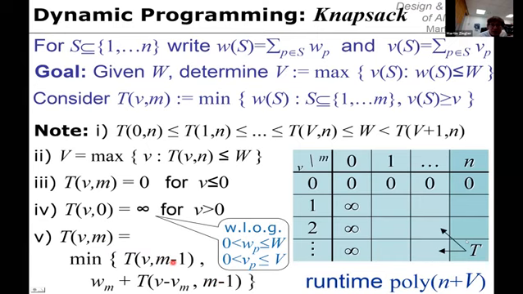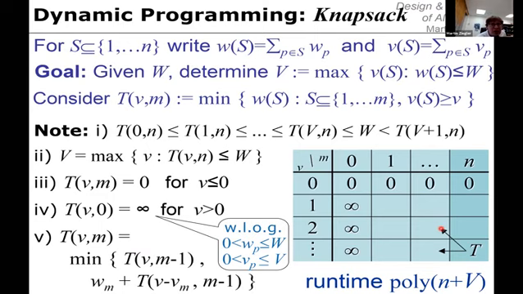So that's what's indicated by these two arrows. The entry in a certain cell is determined by the minimum of the entries in the previous, sorry, I was wrong, not row, columns. Fill the table column by column, because the entries in this cell depend on the entries in the column left to it.